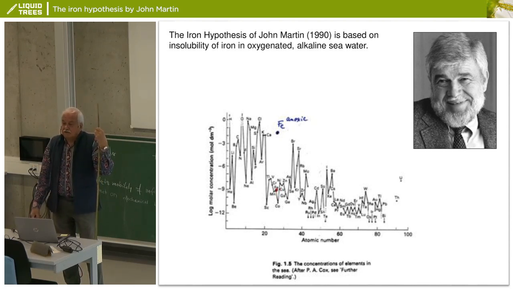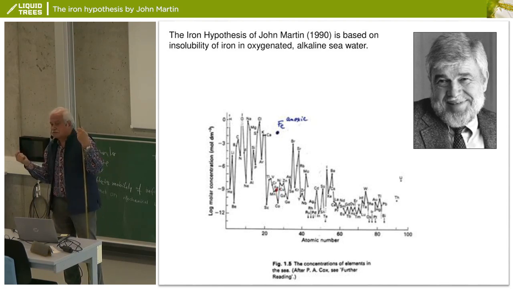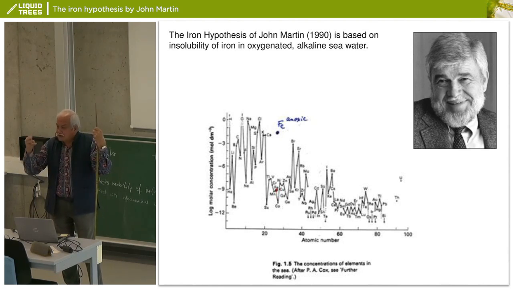And remember that phosphate is at 1 micromole, right? Or 0.1 micromole. That means 1,000 times higher concentrations. It was just a handful of samples that he had, and he published these results in Nature. And that led to big controversy.